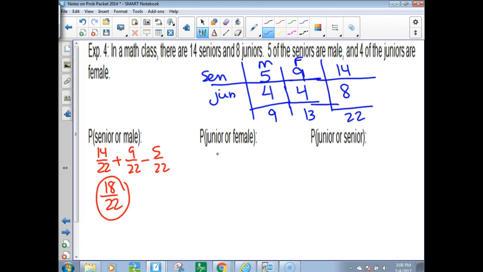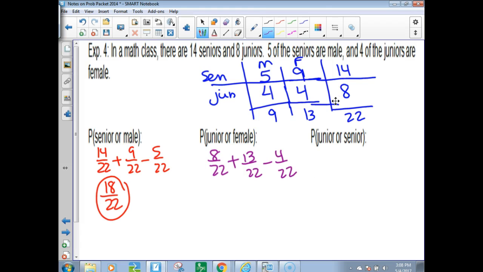Probability of junior or a female. How many juniors are there? All right, you can do 8 out of 22. How many are all females? All of them, 13 out of 22. But how many are junior females? All right, you'd have to take away 4 of those.